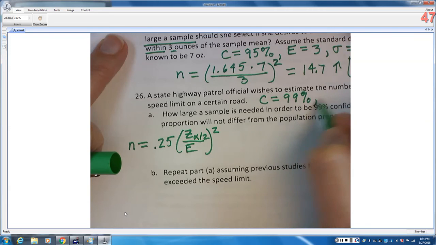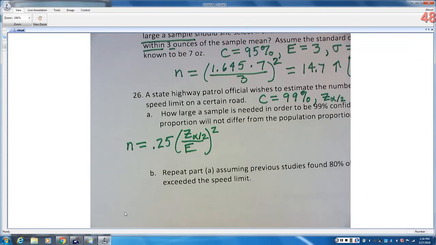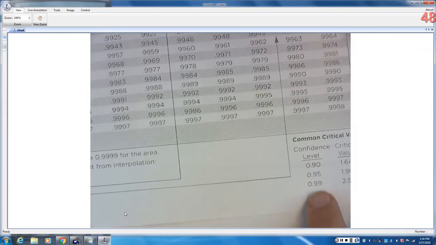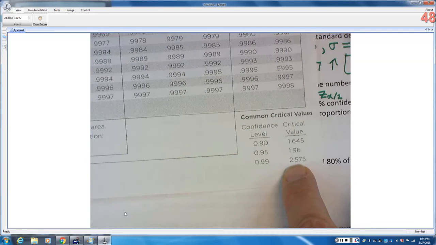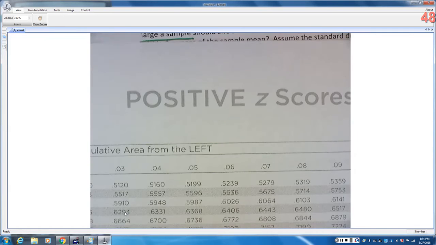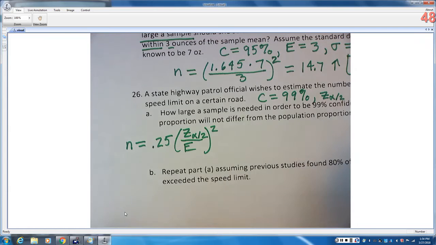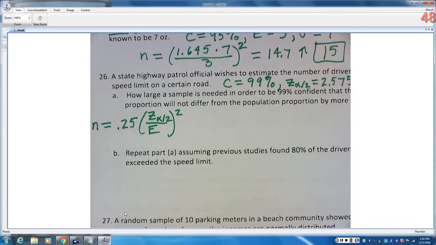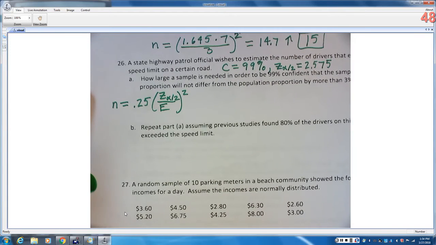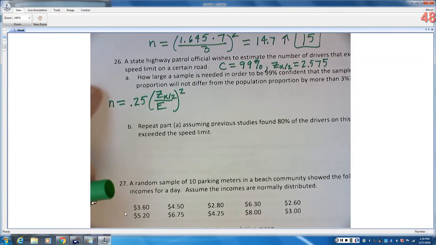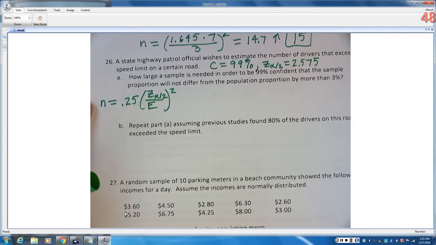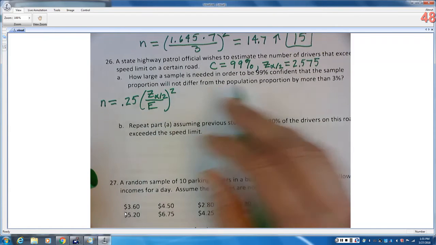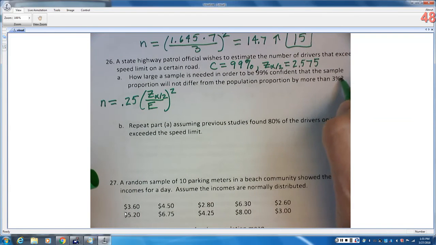So with a 99% confidence interval, our critical value, you look it up in the table, is 2.575. This is the positive z-scores table. 2.575. Sorry. And it says that we need to make sure it doesn't differ from the population proportion by more than 3%.